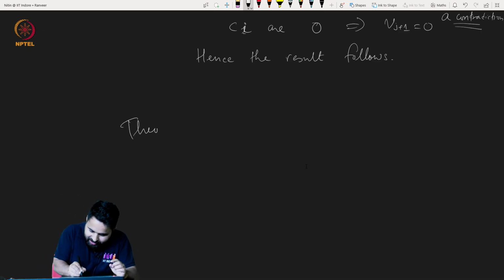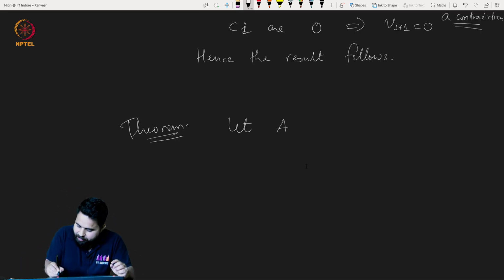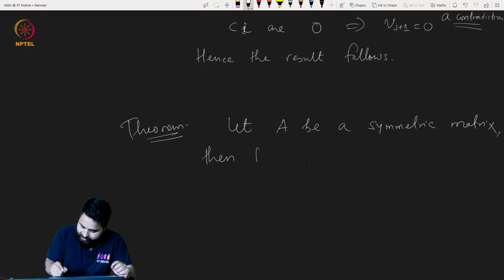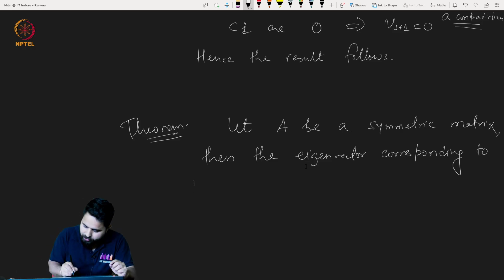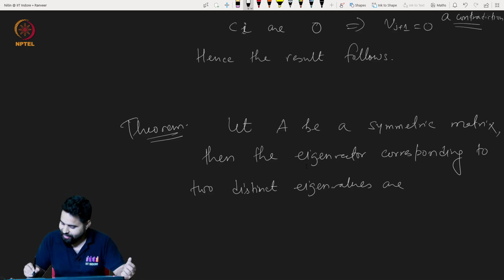So the next result is this: let A be a symmetric matrix, then the eigenvectors corresponding to two distinct eigenvalues are orthogonal.